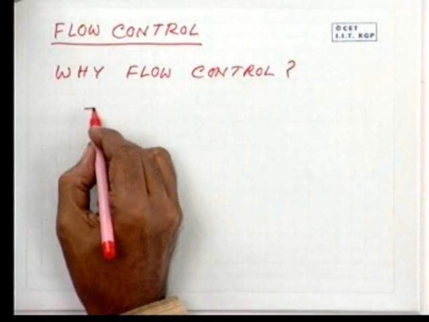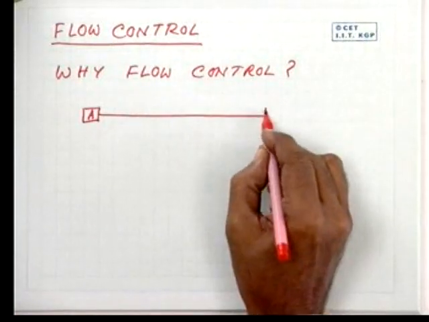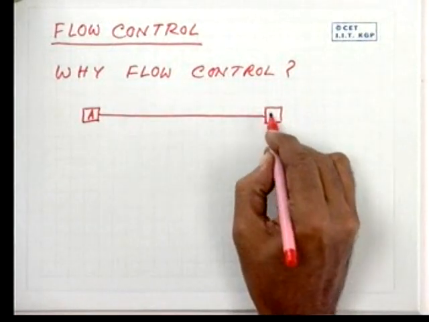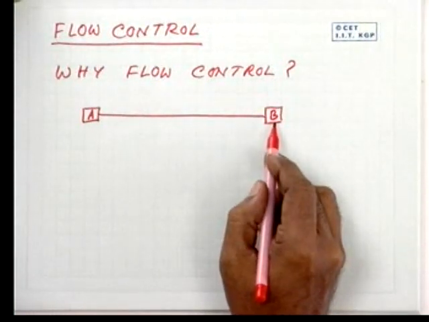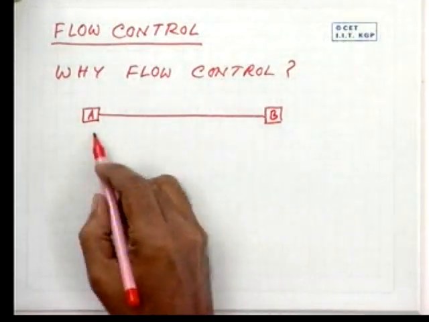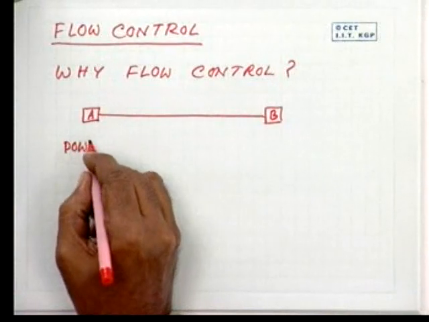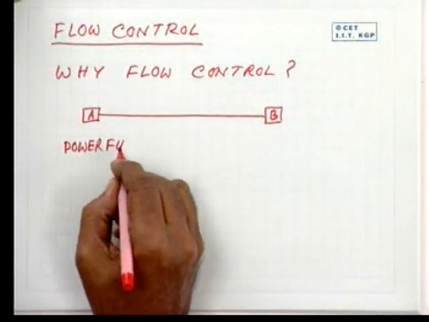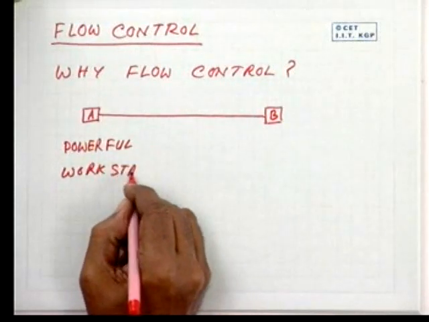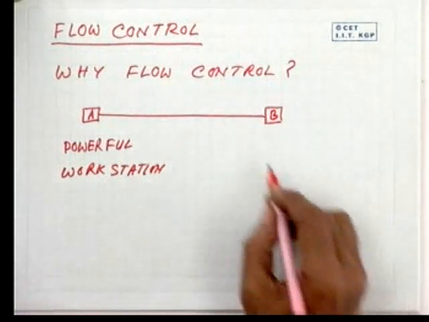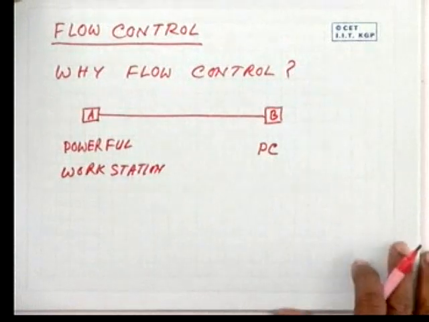You have two stations, A, which is performing data communication, data transfer with B. Now, it may so happen that A is a very powerful station, say it is a workstation. On the other hand, B is an ordinary personal computer or a PC.